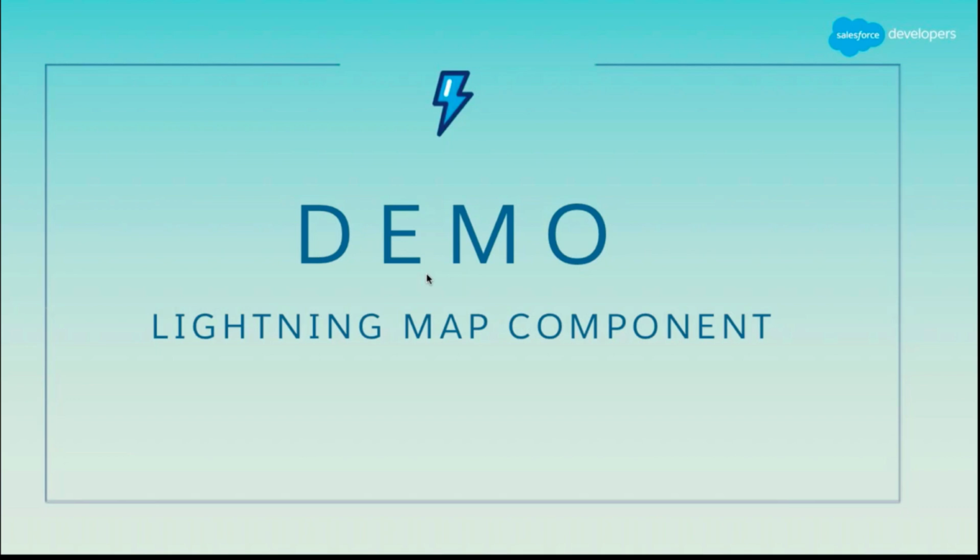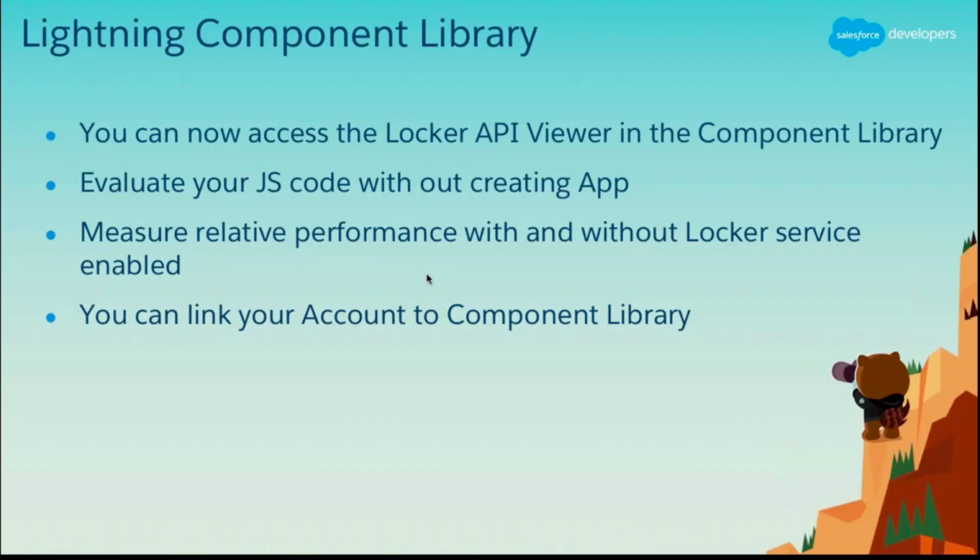Is there an easy way of doing it? Yes. As a developer, I always look for references, from where I can get information about the components so that I can use them in my application. For this, we have a Lightning component library, generally available since our Summer '18 release. Now it has improved a lot.